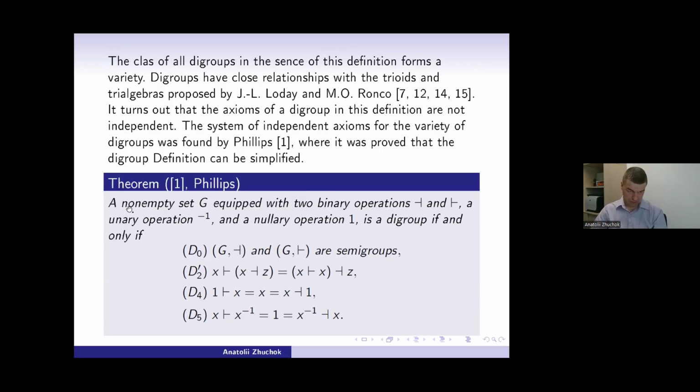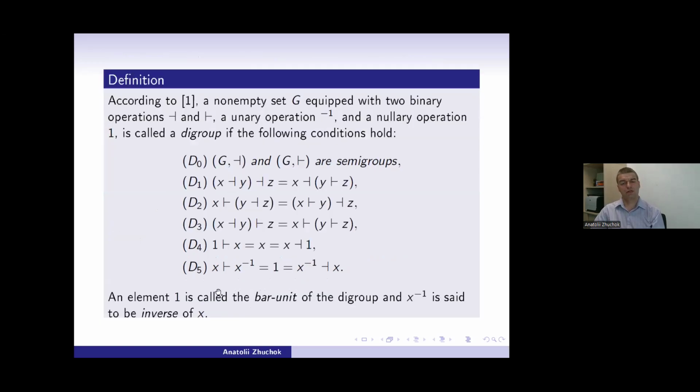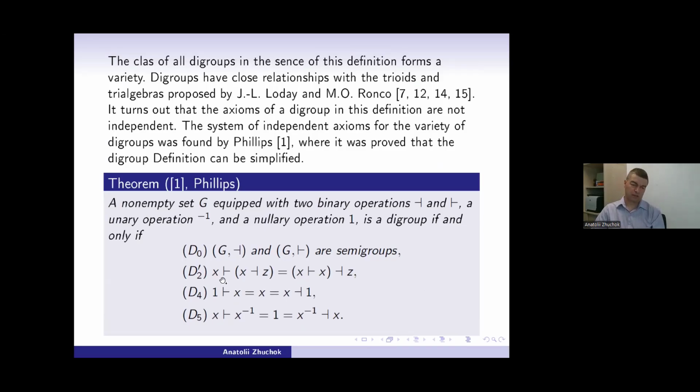And you can see here the theorem: a non-empty set J equipped with two binary operations, a unary operation, and a nullary operation is a D-group if and only if these four axioms are satisfied. So here we have 5, here 4. So in this case, we have fewer axioms, and these axioms are independent.